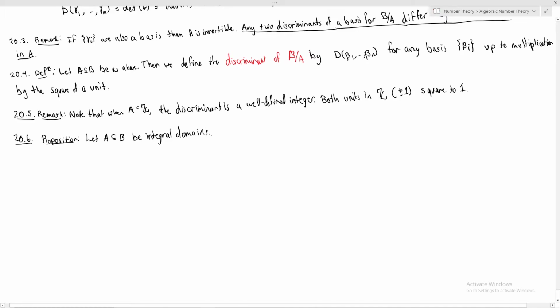I'm sure there probably is one, but this is not a very restricting assumption, at least for our purposes. We're going to suppose that B is free of rank m over A.